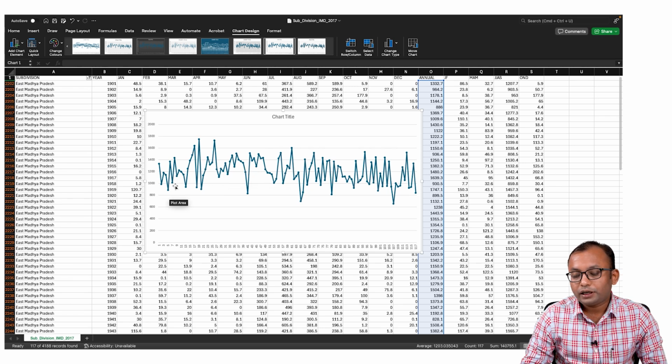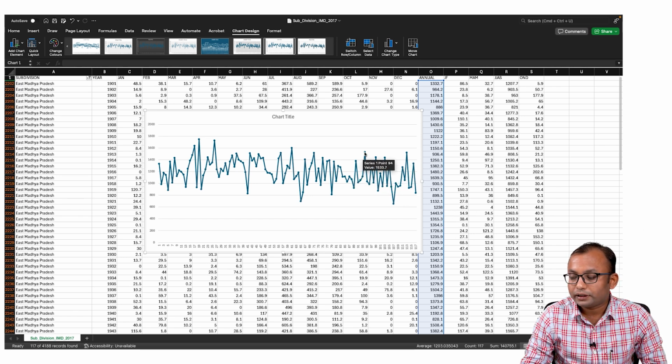If you generally look at the trend of the data, you can see there are less extreme values in the recent decades. Generally, it is stabilizing in this particular zone, 1400 to 1800 region, and there are few instances where the rainfall crosses this particular range.